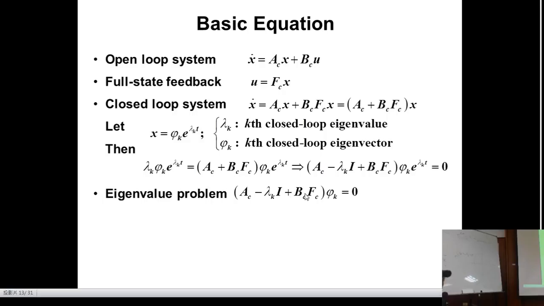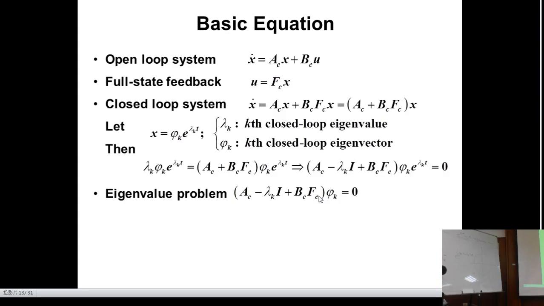BC is real because the input matrix has to be real. That's the system input matrix. FC again has to be real too. You can have a complex scan? How can you have a feedback complex scan? U is a complex number.